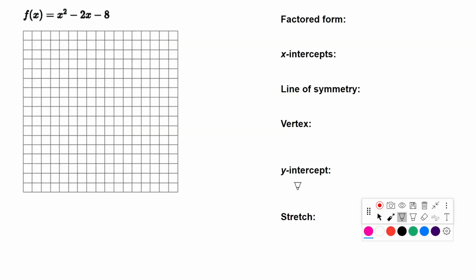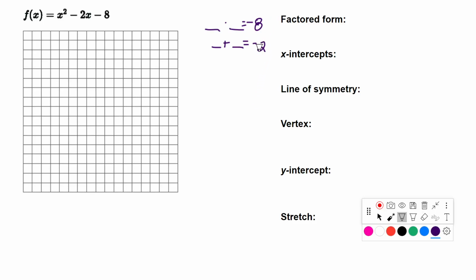So let's take a look at our first example. We will do 4 of these. Our first example is x squared minus 2x minus 8. Because this is a single x squared, I can look for what multiplies to give me 8 that will add to give me negative 2.